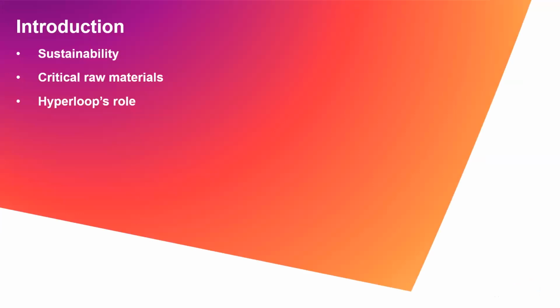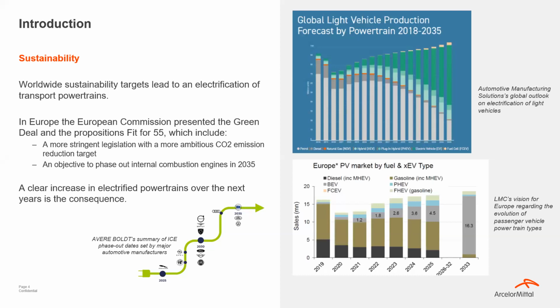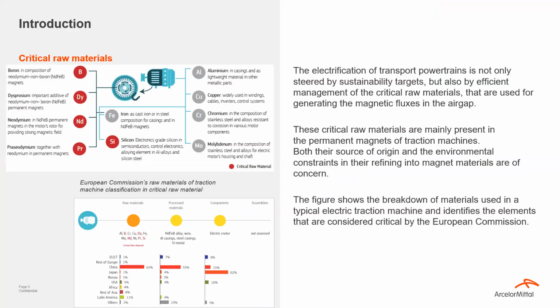The first part is the introduction. Everybody knows about sustainability, so I'll just quickly repeat it: about the electrification that needs to take place and that the internal combustion engines for cars are going to be phased out. It also means that we don't want the new systems to have critical raw materials, such as the reliance on neodymium in permanent magnets, which is linked to mainly single sourcing from China, but also to pricing issues.